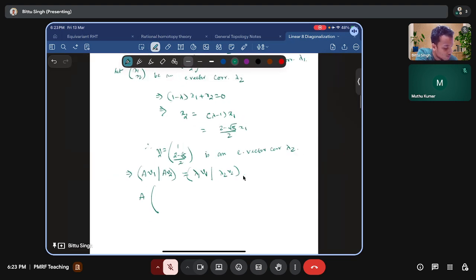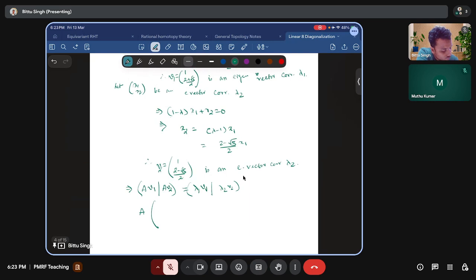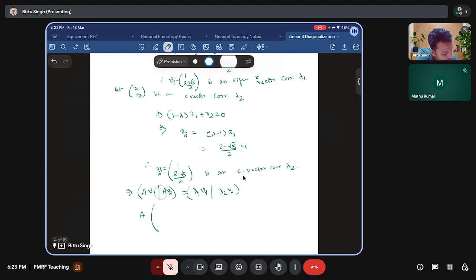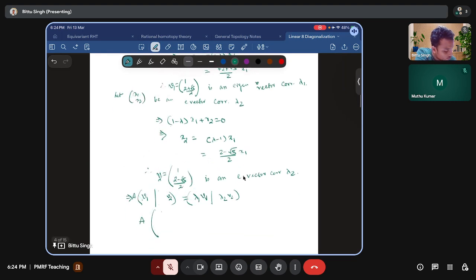We get a matrix equation like this. So instead of writing like this, we can construct a matrix using v1 and v2 as columns. So v1 is now (1, (2 plus root 5) by 2) and v2 is (1, (2 minus root 5) by 2), right? This is the same as putting lambda 1 and lambda 2 as diagonal entries and v1 v2 as columns.